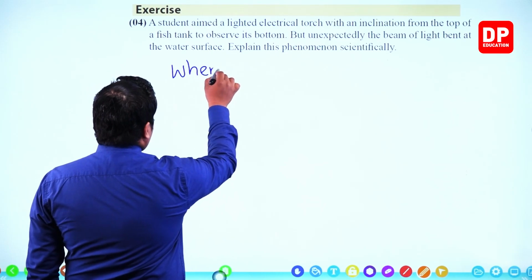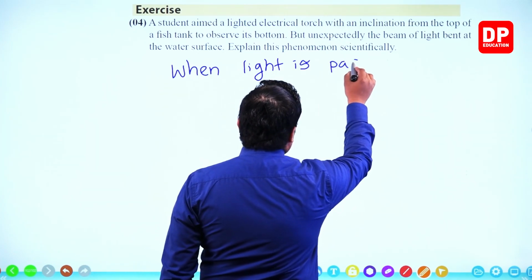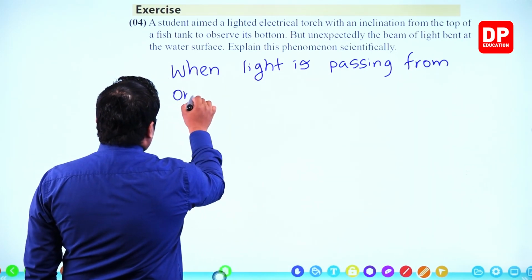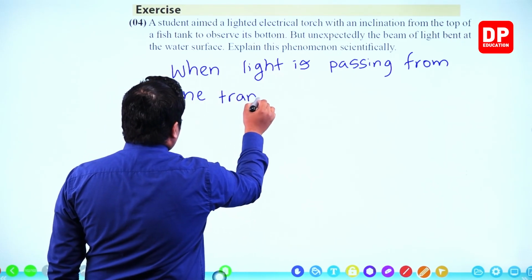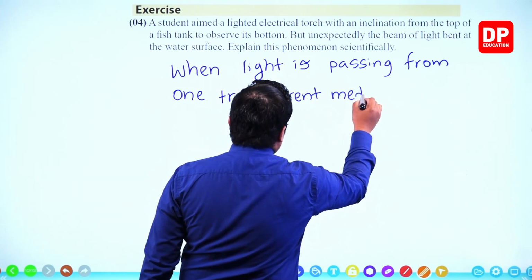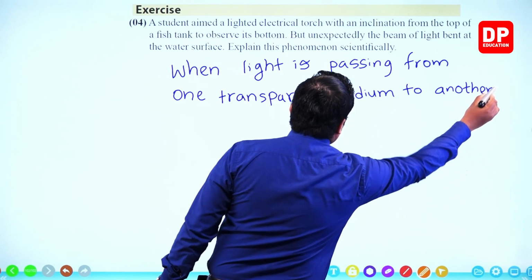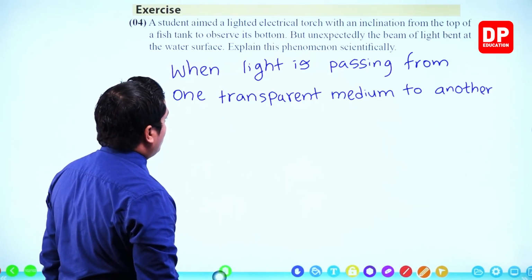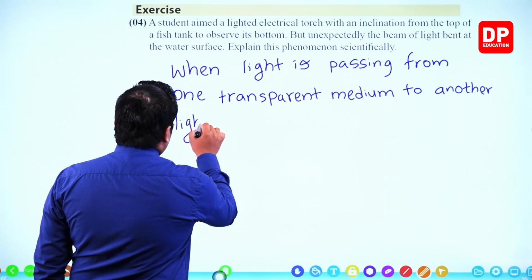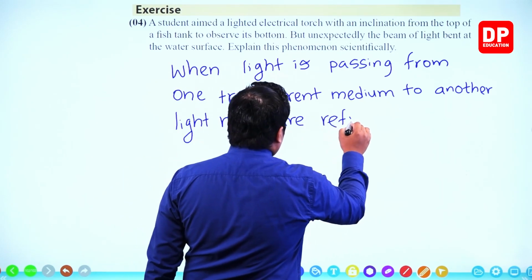When light is passing from one transparent medium to another, light rays are refracted.